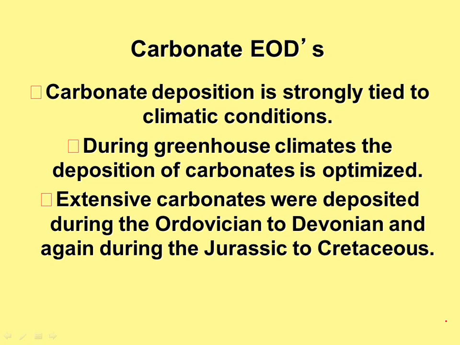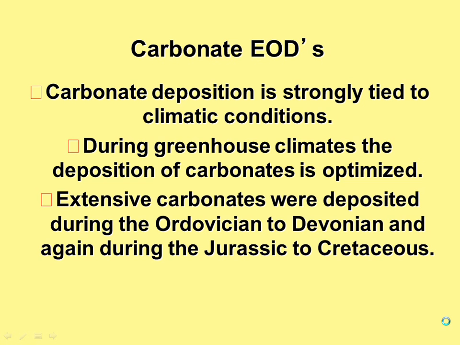So if we look at the rock record, we find that there are times stratigraphically where we have a lot more carbonates in the record than other times. For example, in the Ordovician to Devonian, there was lots of carbonate deposition, and in the Jurassic Cretaceous we see lots of carbonate deposition.